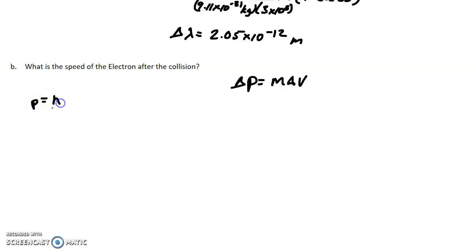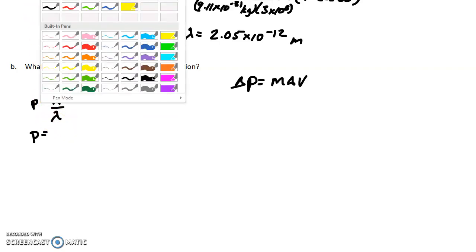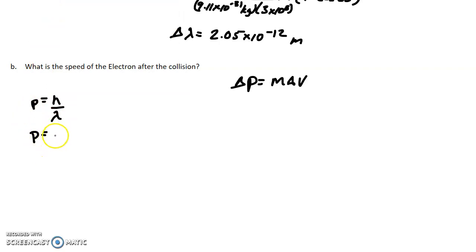Before, the momentum is h over wavelength, and we will use 6.63 times 10 to the negative 34, because we want our momentum in kilogram meters per second or newton seconds, divided by the wavelength of 5 times 10 to the negative 11.